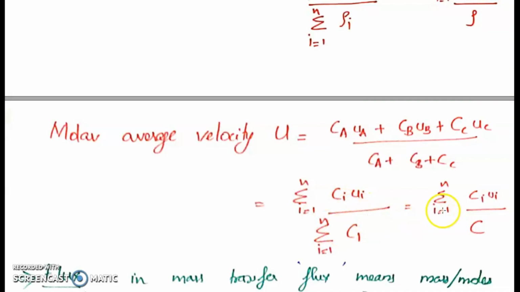So finally, this expression can be written as sigma i equal to 1 to n C_i U_i by C, where U_A, U_B and U_C are individual velocities and C_A, C_B, C_C are the molar concentrations, and we get a quantity known as molar average velocity.